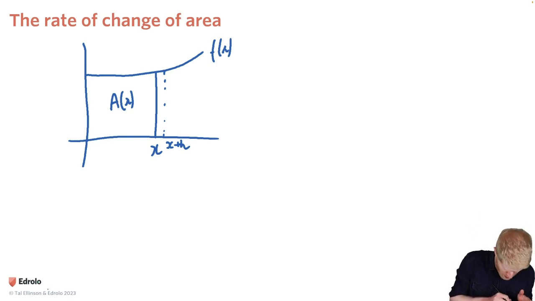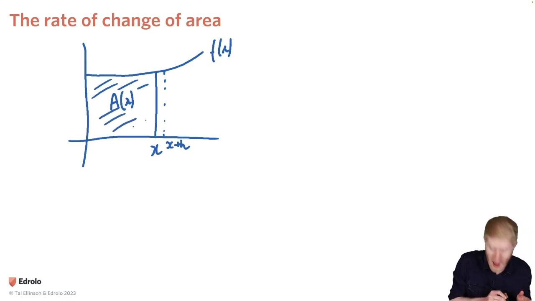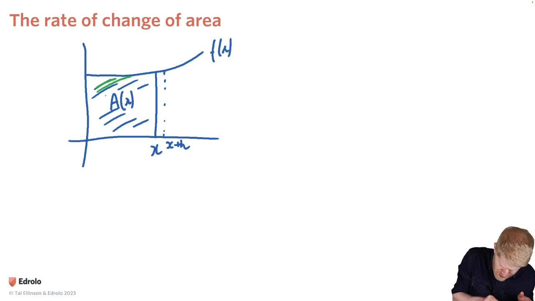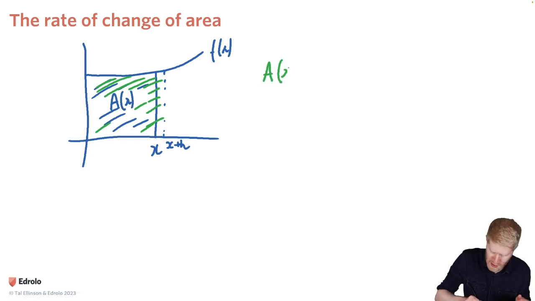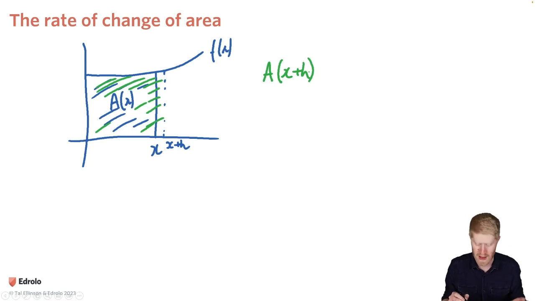Previously, we had the area of x was this blue section over here. And someone says, I'd like to have the area all the way to the new value, to x plus h. What is the area under the curve from 0 to the point x plus h? And you could express that.